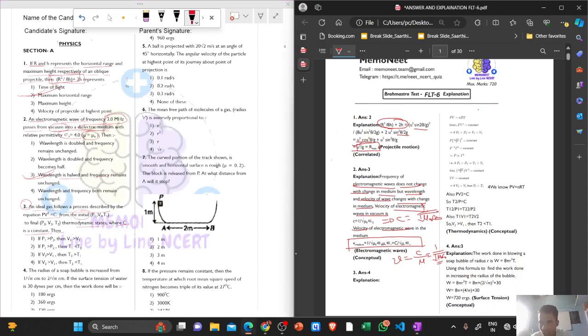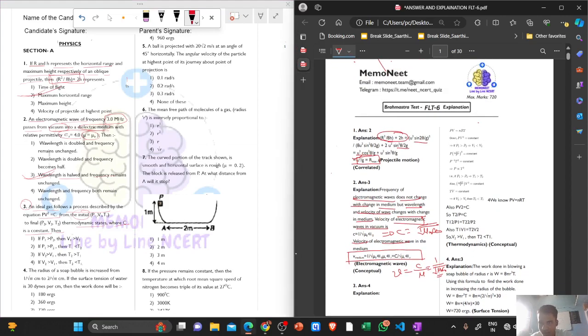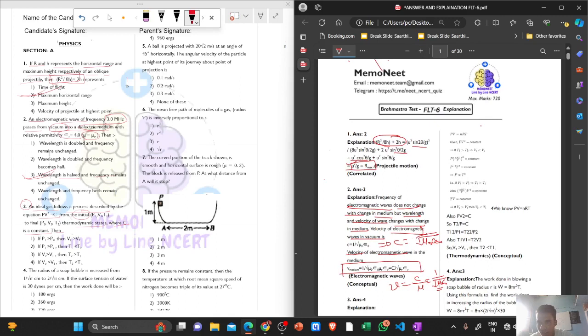Now moving to the solution of the question, as we can see here, you know the ideal gas equation PV equals nRT. Now we are given PV square equals constant. Checking the options, if P1 is greater than P2, then putting the value here, we get P to the power minus 1 T square equals constant.